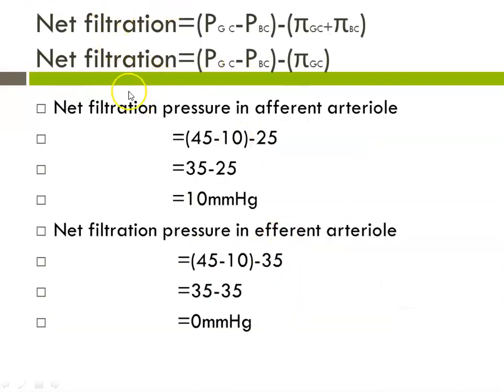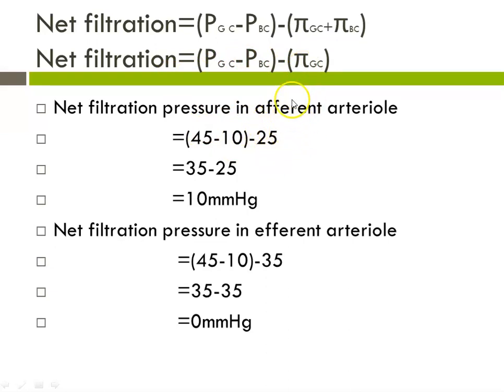Another method, a very simple method, to calculate the net filtration pressure: you can calculate it from this formula for the net filtration pressure in the afferent arteriole. You already know that pi BC is 0, it's negligible, so the formula can be substituted like this. PGC is 45, PBC is 10, minus pi GC, which is 25 in the afferent arteriole.